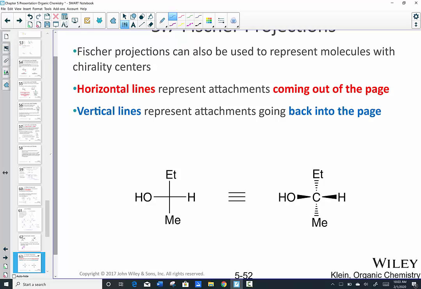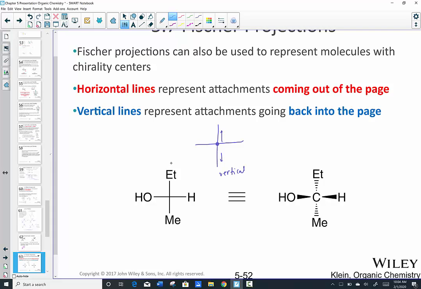Know that the horizontal lines in a Fischer projection are coming out of the page, and the vertical lines represent attachments going behind the page. So we're going to see these crosses for Fischer projections. This represents the chiral center and the four things that it's attached to. When I look up and I look down, those are known as the vertical lines.